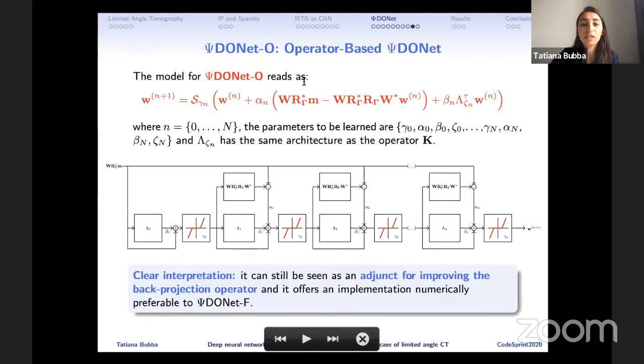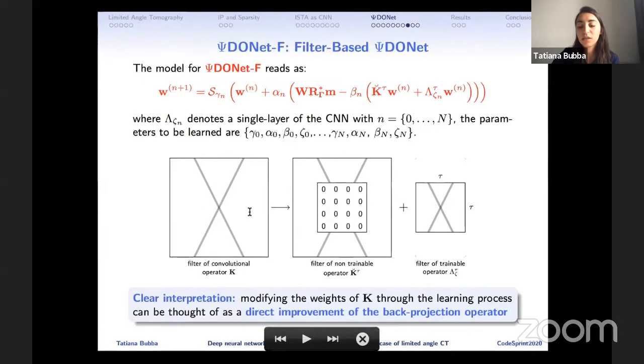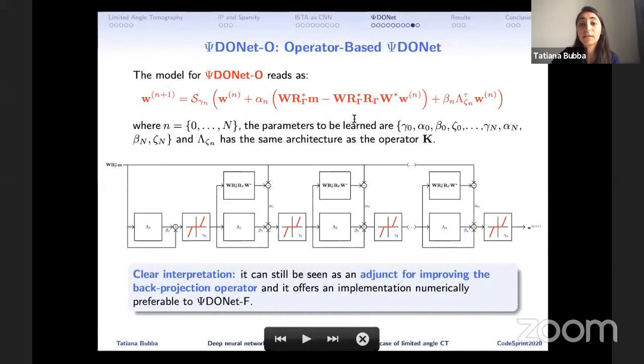What we do is that this kernel here, this part, is actually implemented as a sequence of W, R star gamma, W star, and this is implemented with the Radon transform and the wavelet operator. But plus, we have another term here, which is where the learning happens.